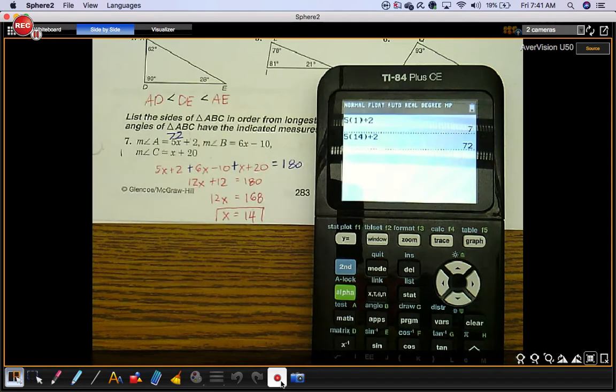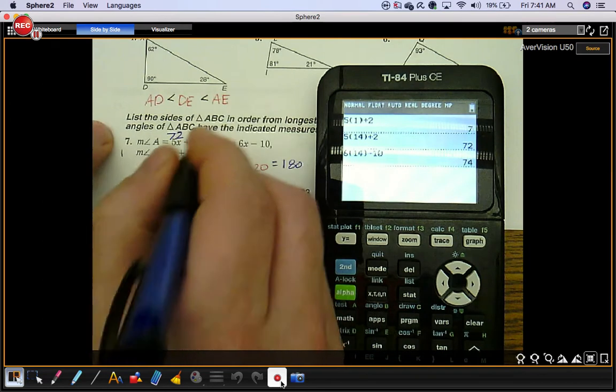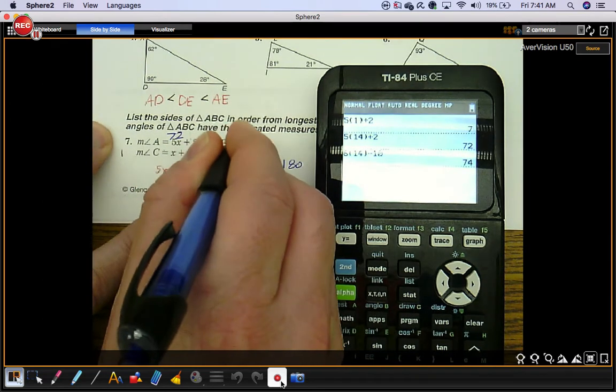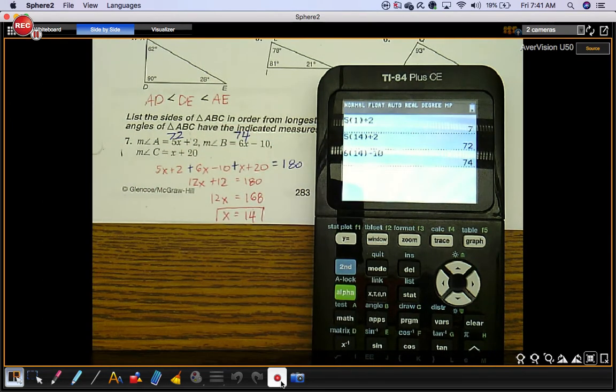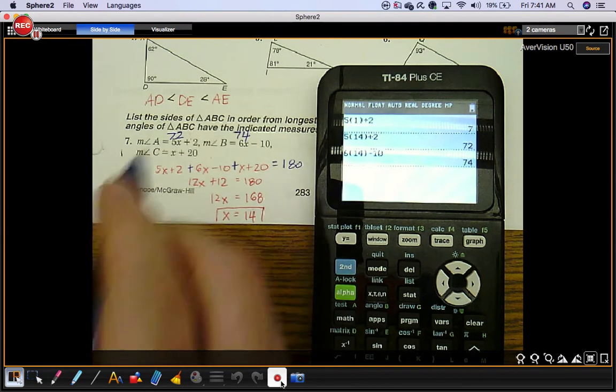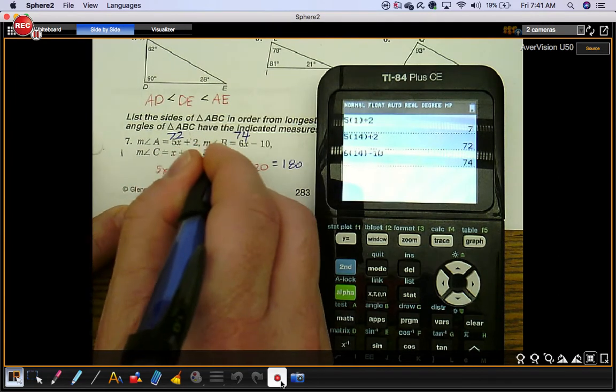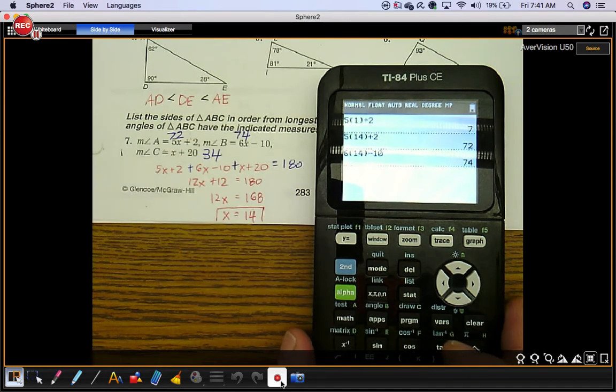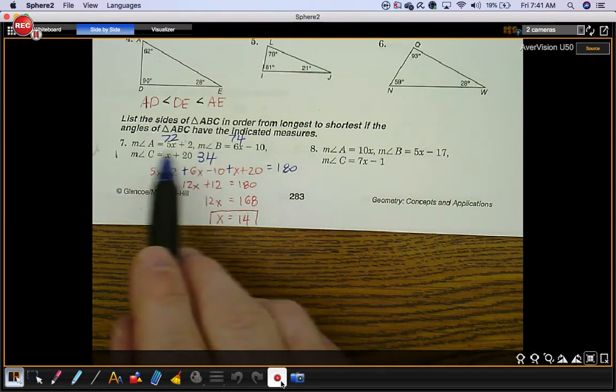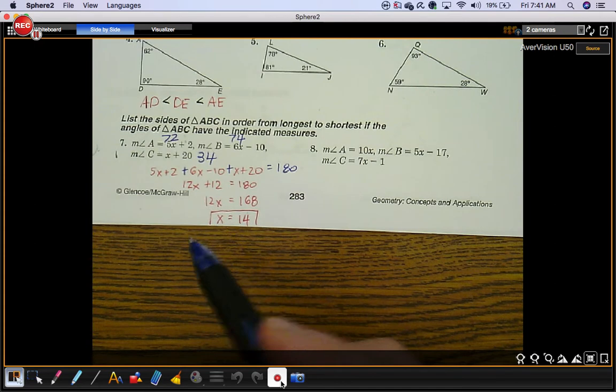That's the measure of angle A. Let's find the measure of angle B. 6 times 14 minus 10. That'll give you 74. 14 plus 20 gives you 34. So we know the angle measures now, which is really important.